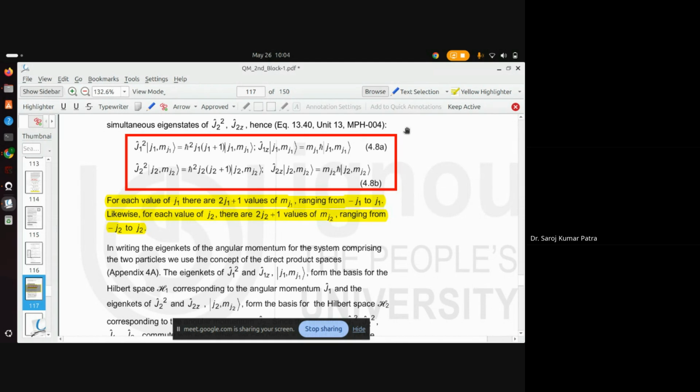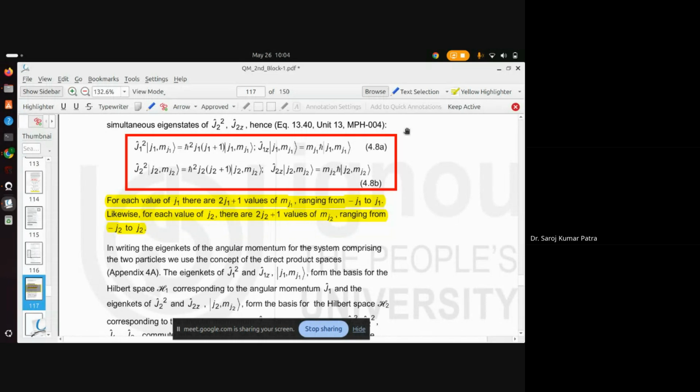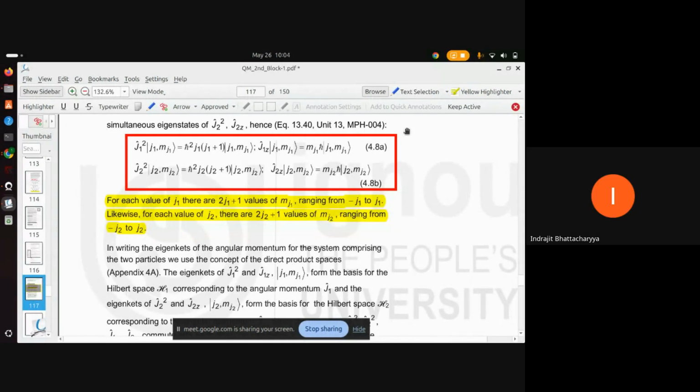Spherical harmonic means, see what exactly happens when you are operating your angular momentum operator. Angular momentum is coming from revolution of the particle around the nucleus, or about its axis. Exactly.